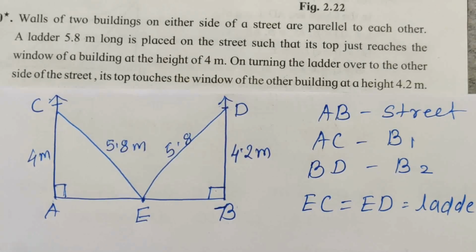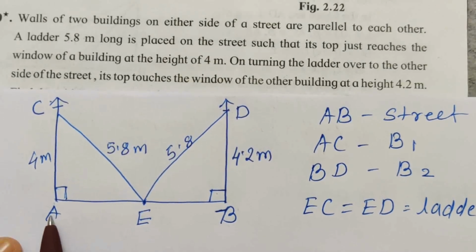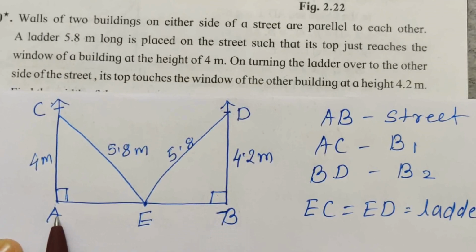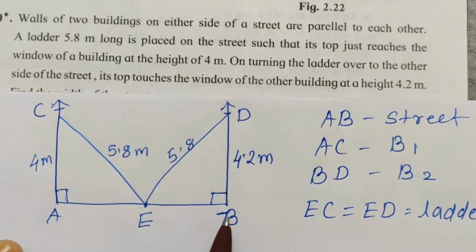The final question is they asked you to find out the width of the road or the street. That means you have to find out the length of AB.